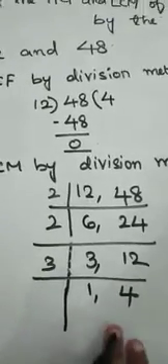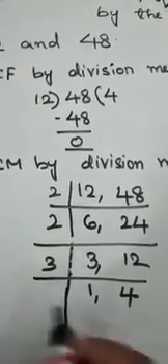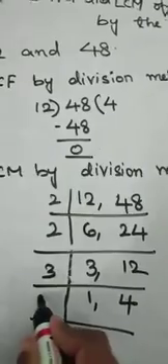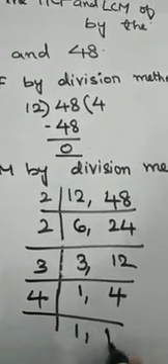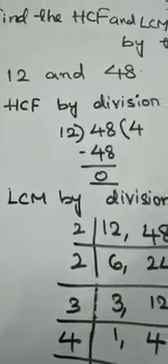If you want to stop here, you can, or else you can take 4 also here. 4 ones are 4. So LCM equals 2 into 2 into 3 into 4. 2 twos are 4, 4 threes are 12, 12 fours are 48. Okay, so LCM is 48.